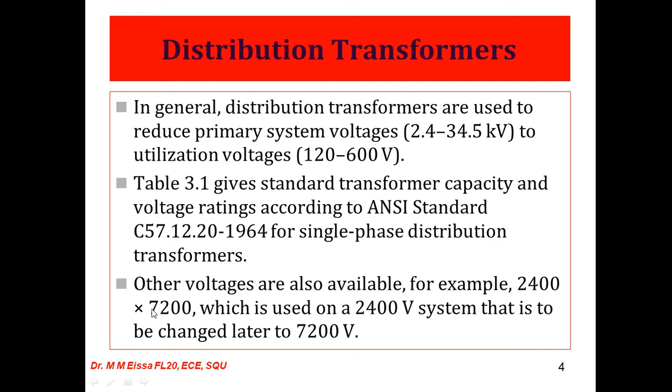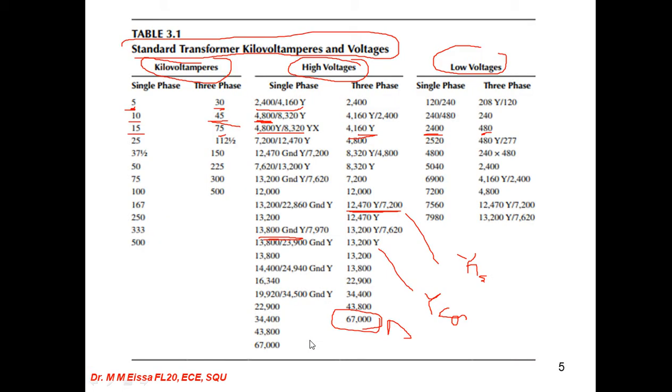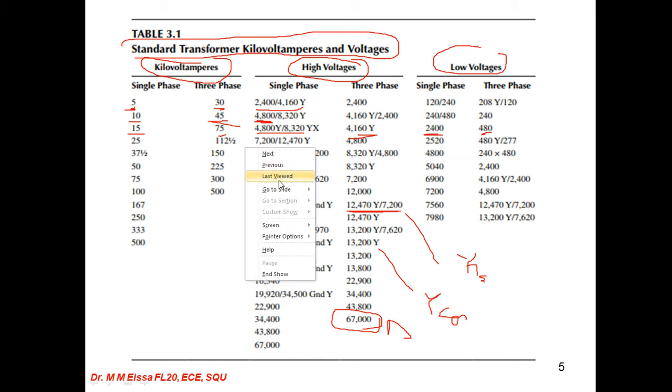For 7.2, which is used on 2.4 systems, that is to be changed later to 7.2. This table shows the standard transformer kilovolt ampere and voltage.